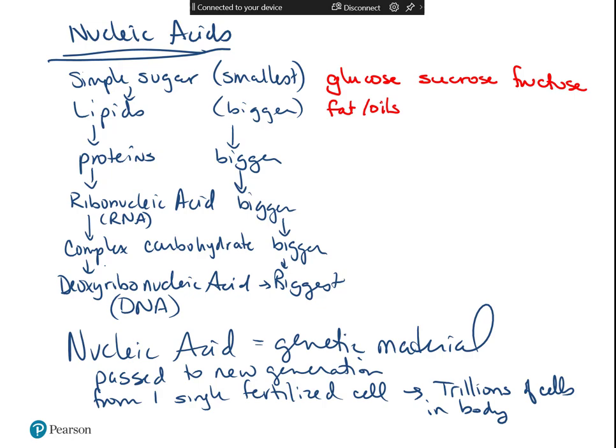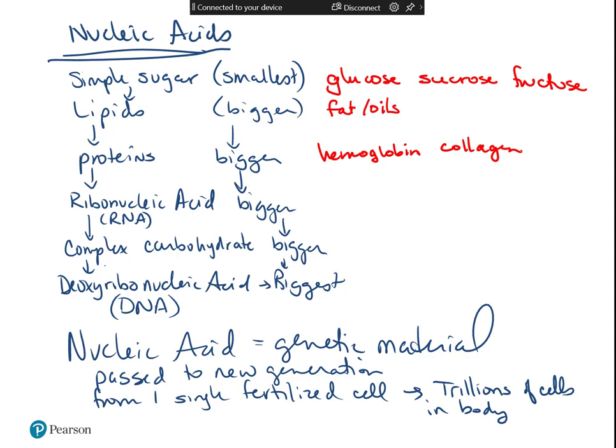Much bigger than the lipids are your proteins. Remember that you can talk about things like hemoglobin, collagen. These are now thousands of atoms in size. So instead of under 100, then we have 100 or so, now this is like 1,000 atoms in size. We're talking about getting even bigger. Of the remaining, the nucleic acids are bigger than any of those.